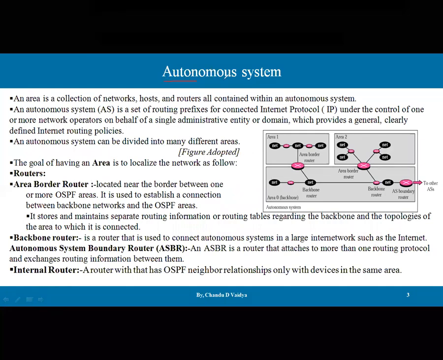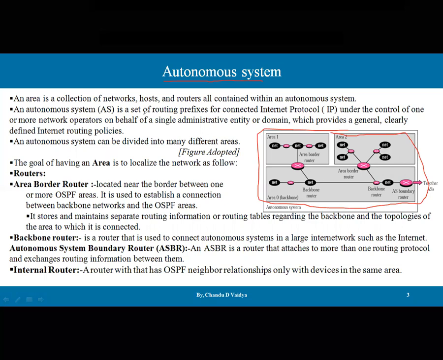Then let's discuss the second term, the autonomous system. As we know, an area is a collection of networks. An autonomous system is a collection of networks, hosts, and routers, all contained within the same autonomous system. In this diagram, guys, this is the autonomous system, where the areas, routers, and devices are connected.